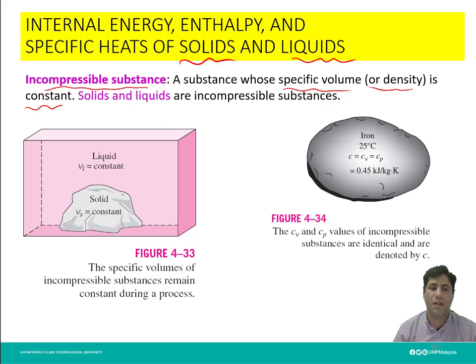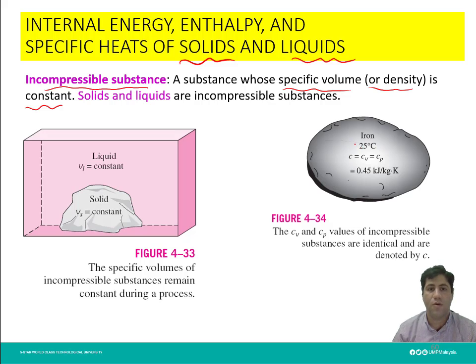For example, a solid like iron has a volume that doesn't change with a change in pressure or temperature. It may change, but it is not comparable with the change in the volume of gases with a change in temperature or pressure.